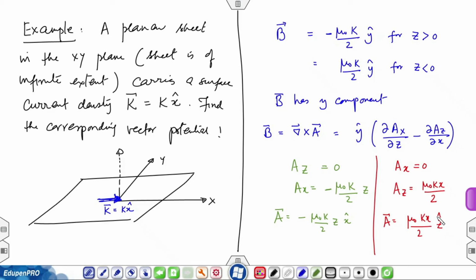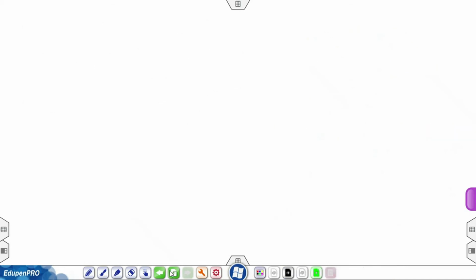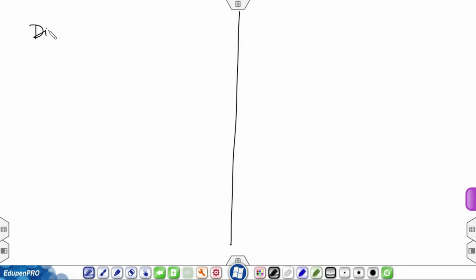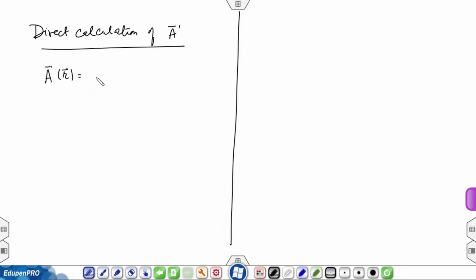Let us do a direct calculation of A also. Recall the formula that I wrote. A at r is given as mu naught over 4 pi integration j r prime over r minus r prime dv prime.